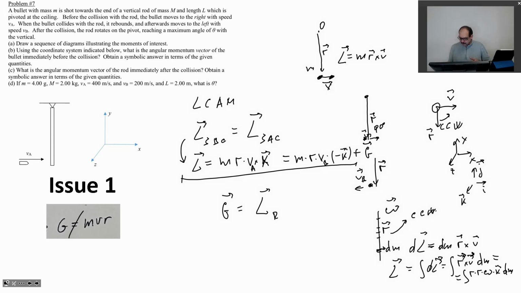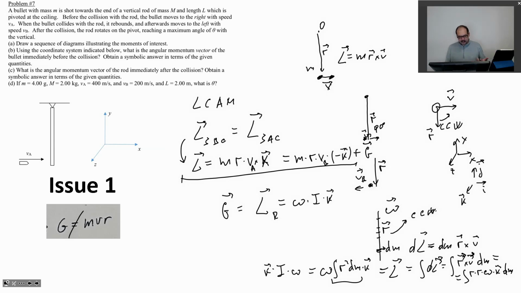Angular velocity is the same for all, and inside you've got r squared dm. This is the total moment of inertia, capital I, times k, a unit vector. This is how you need to calculate the angular momentum of the rod.